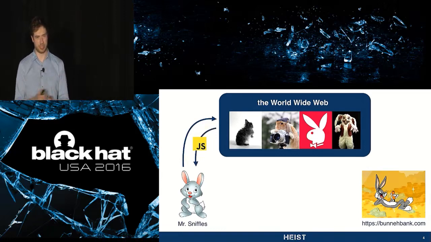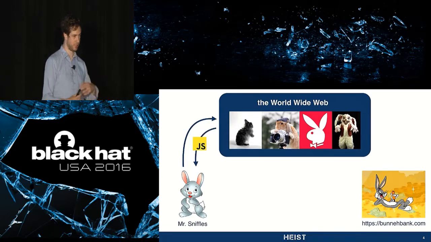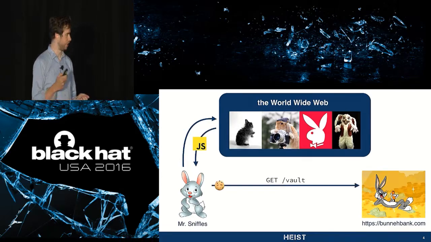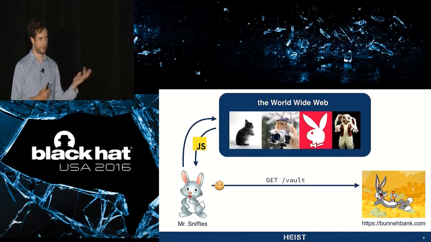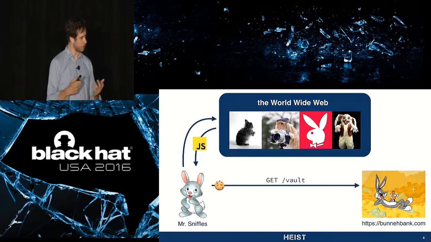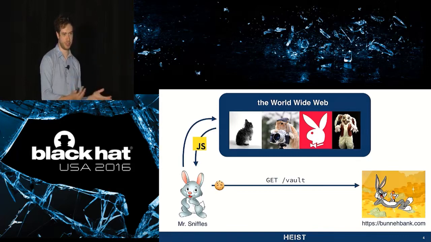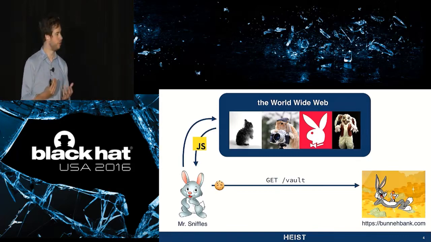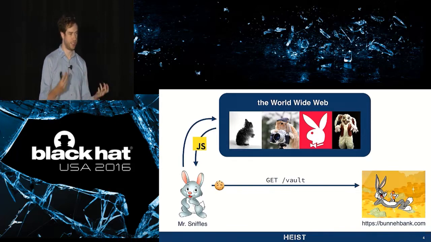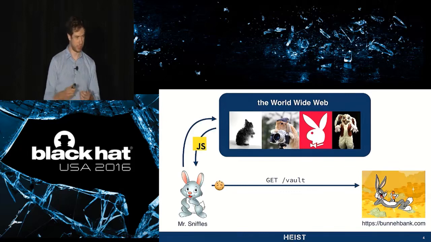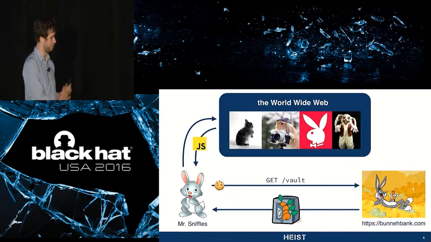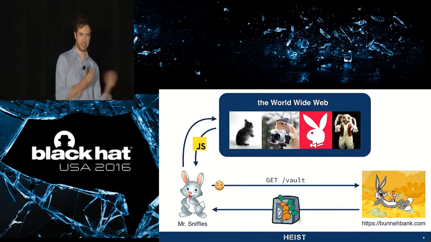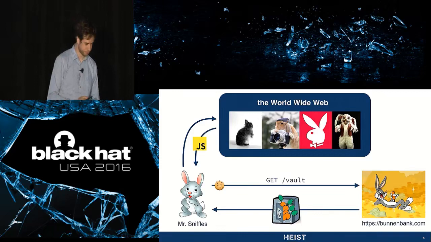And this JavaScript can initiate the exact same request as in the previous slide. So it can send the same GET request to the vault, also with the cookies of Mr. Sniffles. Now, because bunnybank receives this request, it doesn't know that this request was initiated by a different website, a cross-origin website. So it will simply return the contents of the vault to Mr. Sniffles as it did in the previous slide.